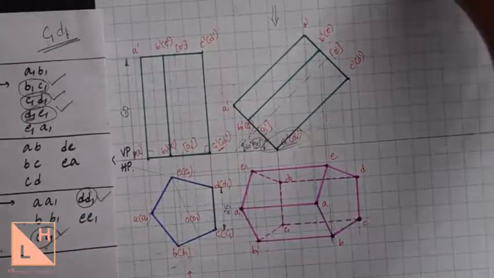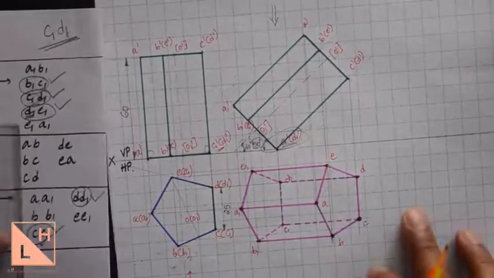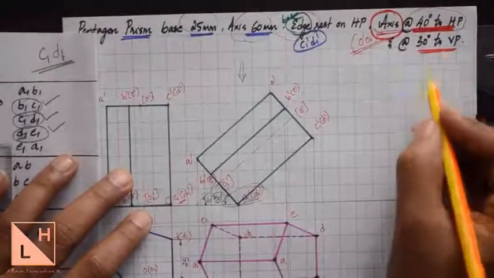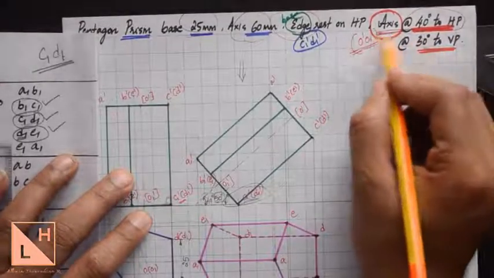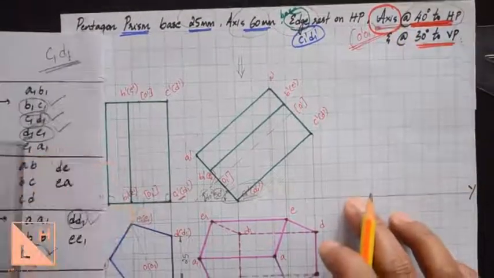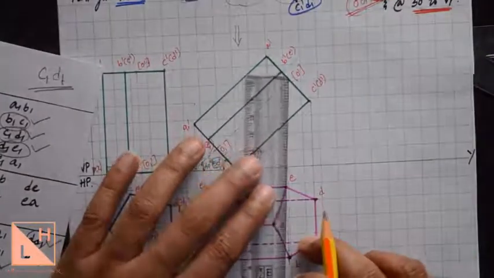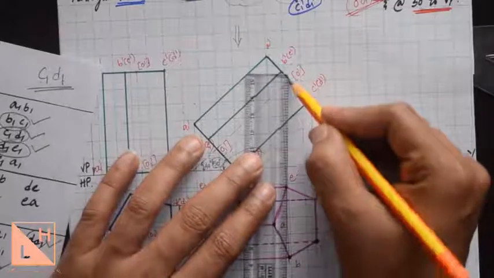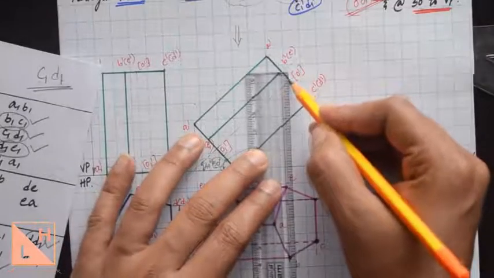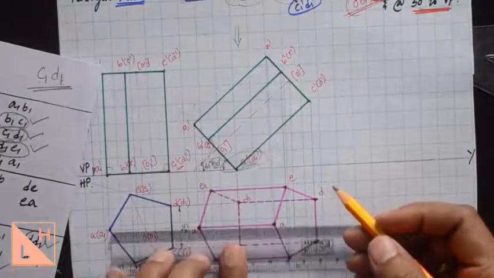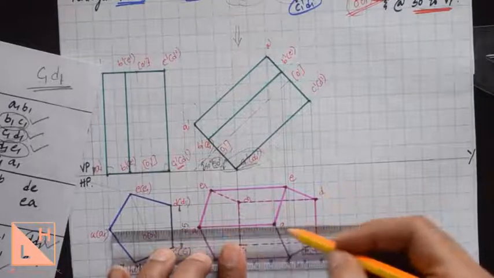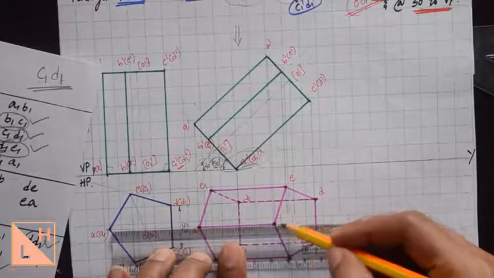We'll project the axis also, because even in the next condition the angle given with respect to VP is also with respect to axis. So let us project the points of axis also into the second position top view, that is from O1 dash. You draw a vertical projection line till it connects the point O here. O is here at the center, so you can just extend that line.